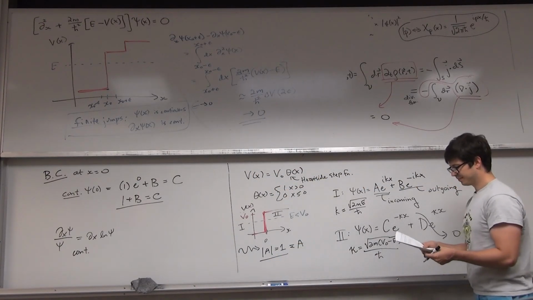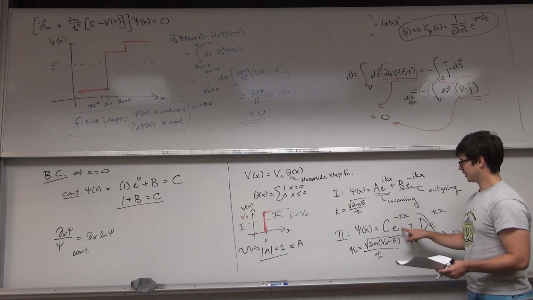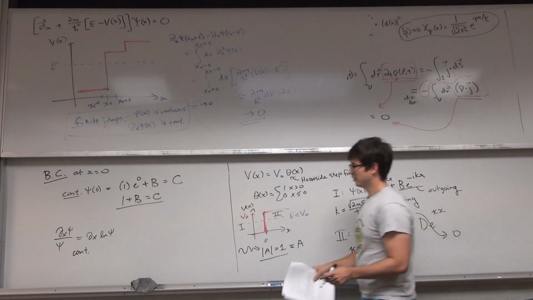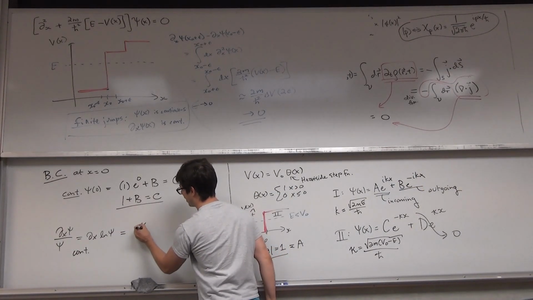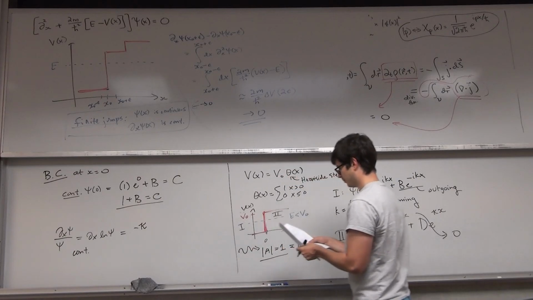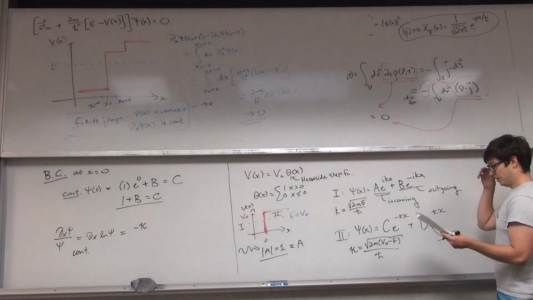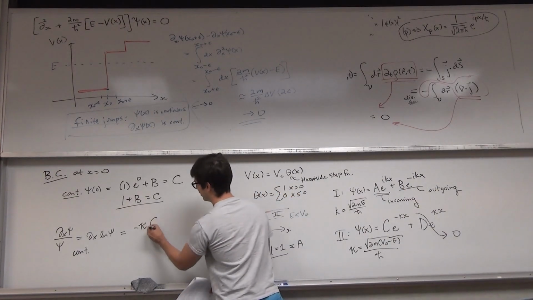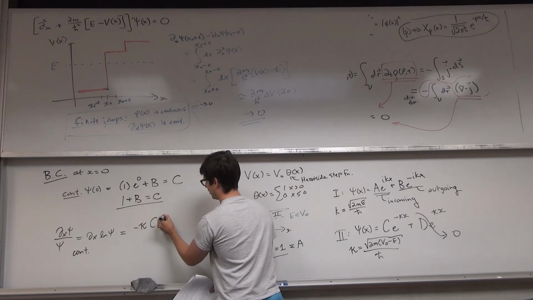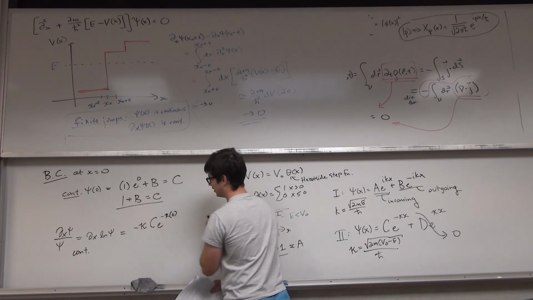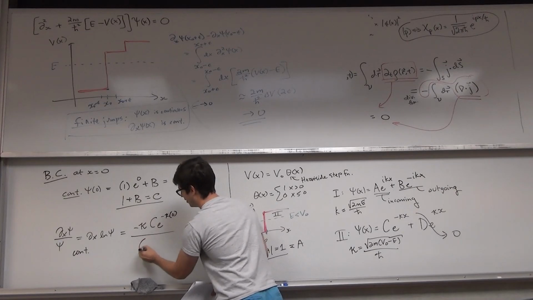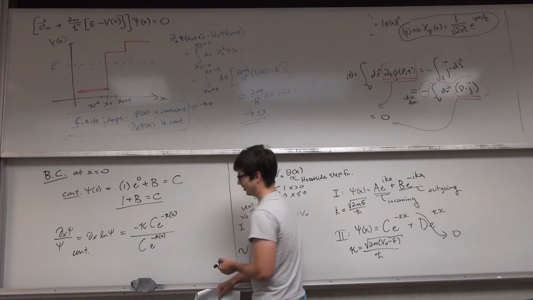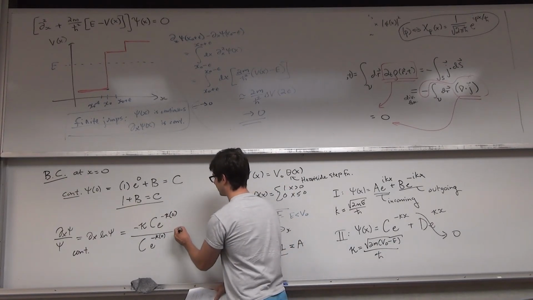So if we look over here, if we take a derivative of this function, we bring down a factor of minus kappa. So this becomes minus kappa times C e to the minus kappa x at 0. And if we divide by the function, these parts cancel, which is convenient. So this is just minus kappa.